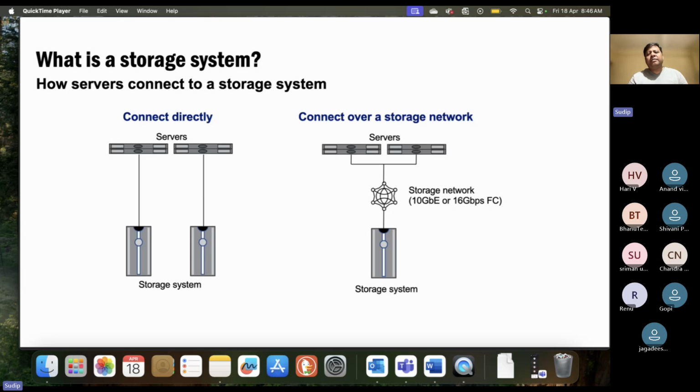Again, very simple, no rocket science involved. Because the storage is attached to a network, it is called network attached storage. And the kind of data it naturally serves, or it was designed to serve, is unstructured data.